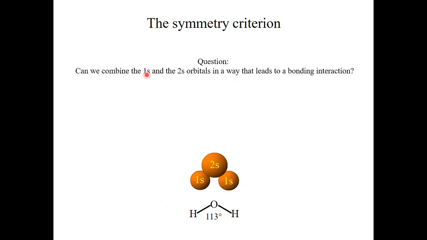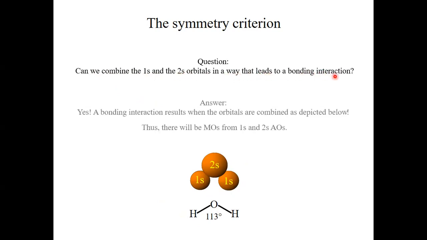So can we combine the 1s and the 2s orbitals in a way that leads to a bonding interaction? The answer is yes. We can do this, and therefore there will be MOs from the 1s and the 2s orbitals.